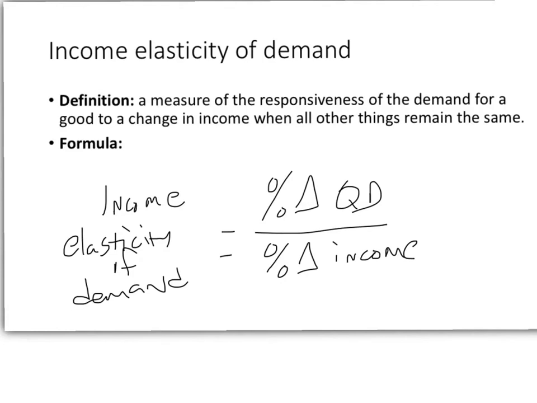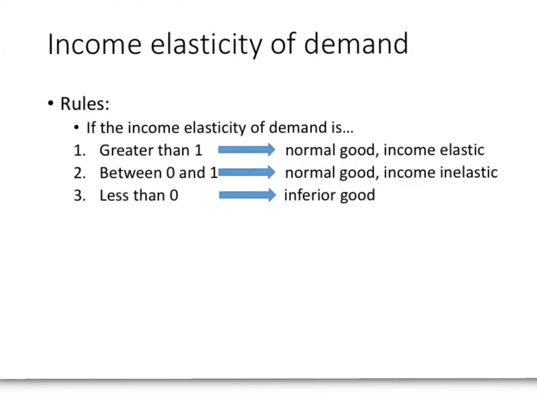Now, this as well will have a couple rules, and they're pretty simple, okay? The first rule is that when the income elasticity of demand is greater than 1, we're looking at a normal good. And we're looking at a normal good that is income elastic.